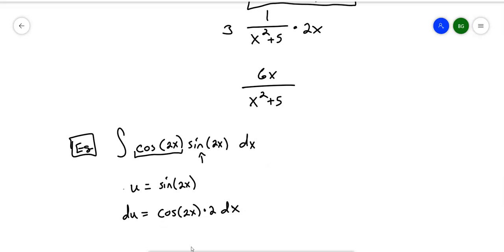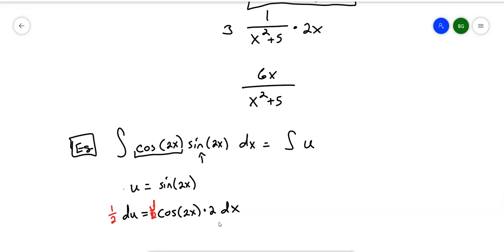And so now when I start replacing things, okay, u gets swapped out for sine. And you're thinking to yourself, well, how do I replace the cosine? Well, I've got the cosine here, so I can replace cosine, no problem. I'm just off by an extra factor of 2, so I can just multiply both sides by a half.